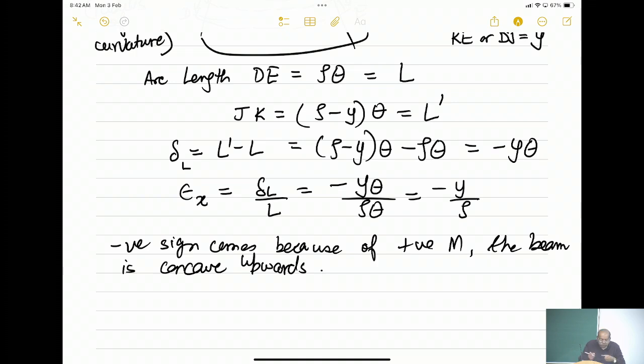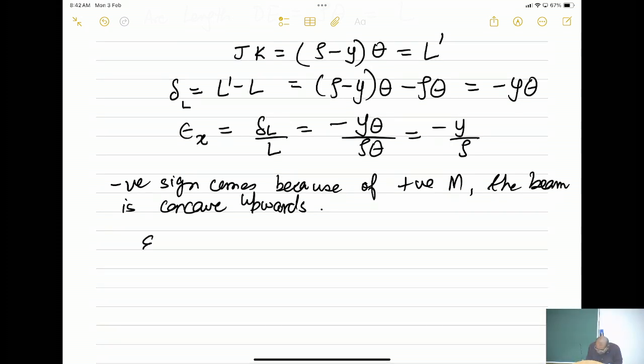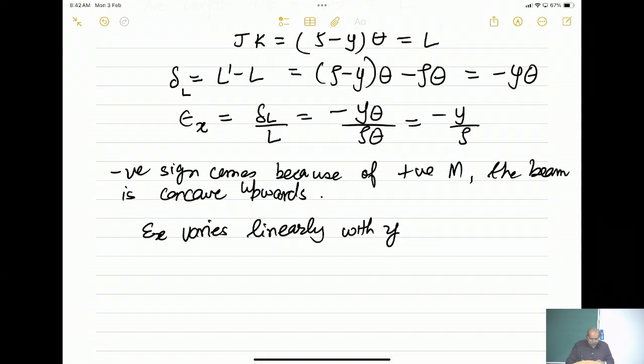So when Y is positive, we have a decrease in length. When Y is negative, we have an increase in length if we are going from the neutral axis. So that is why we have the negative sign. So what we show here is that epsilon x varies linearly with Y.